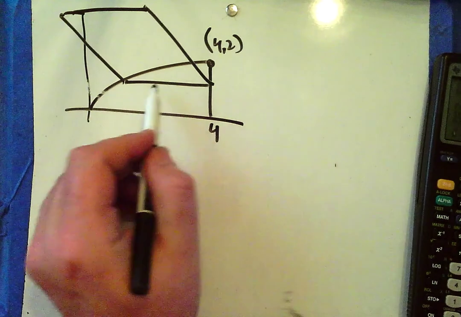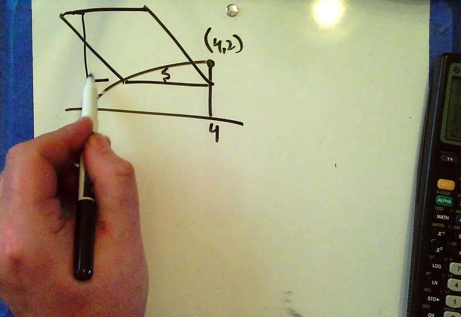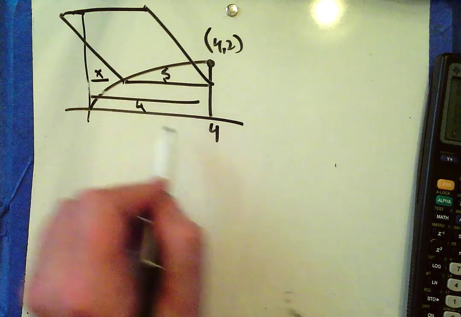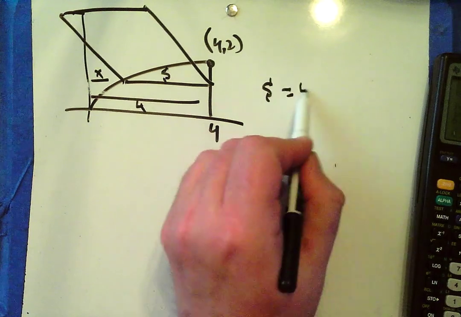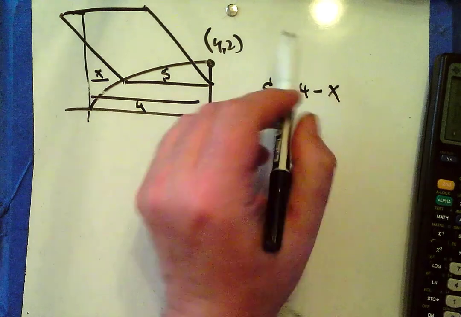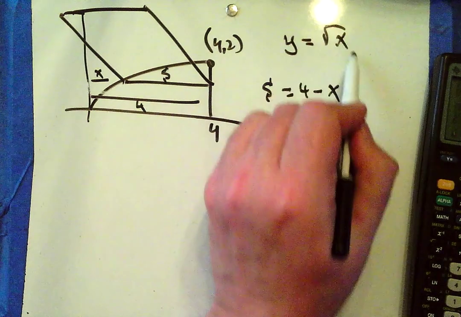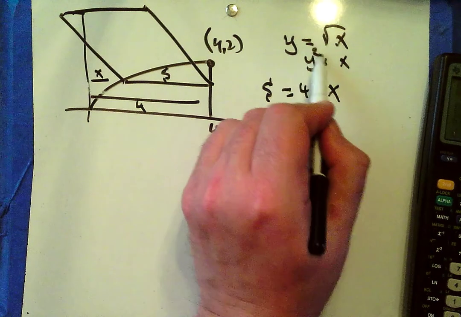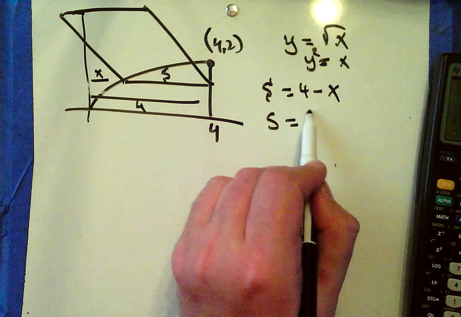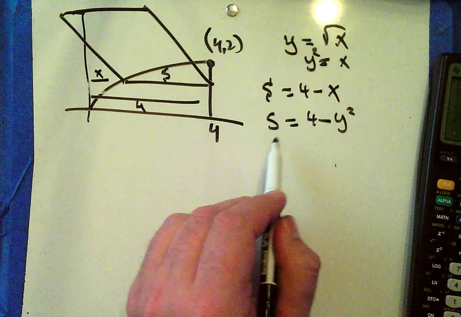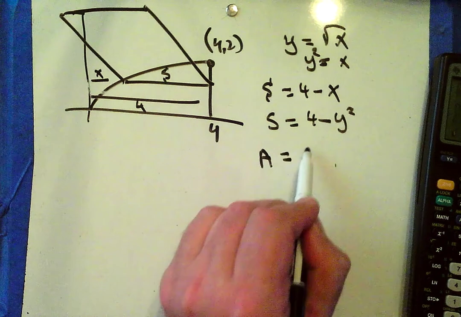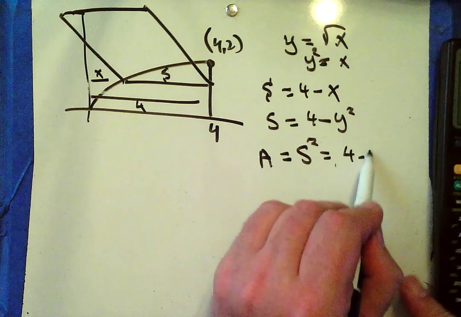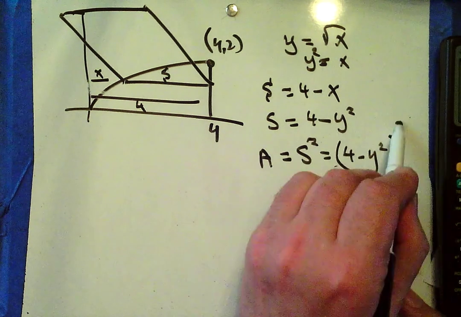Okay, it looks like the side of the square, if this is x and this is 4, side equals 4 minus x. And since our curve is y equals square root of x, x is y squared. So s equals 4 minus y squared, and the area, s squared, would be 4 minus y squared squared.